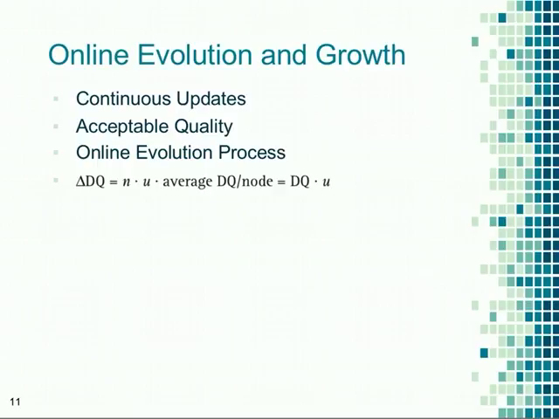Next, we're going to look at this formula for the total DQ loss. The online evolution needs a fixed amount of time per node, which is the U in the following formula, and N is the nodes.